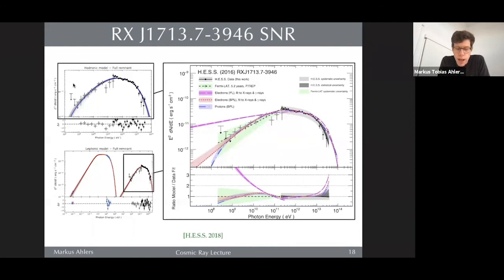But there's always a high ambiguity because it's in many cases possible to fit these spectra with various assumptions, including hadronic processes and leptonic processes. But as I also said earlier, the hadronic processes, they are also characteristic for the production of neutrinos. So for that reason, the neutrino emission will become very important to distinguish hadronic from leptonic sources.